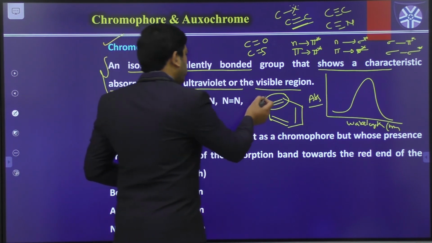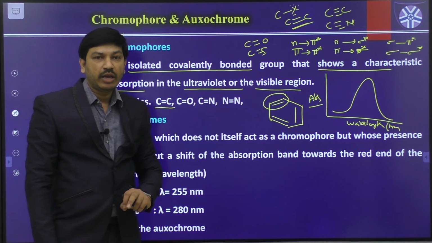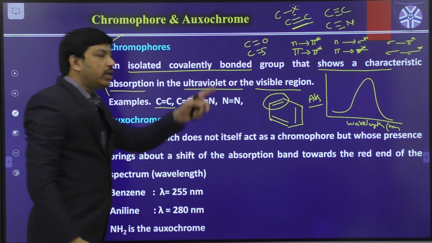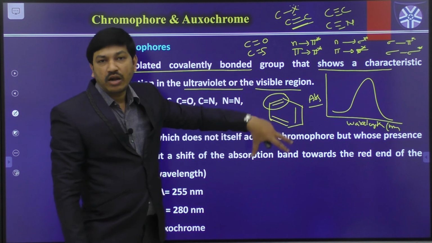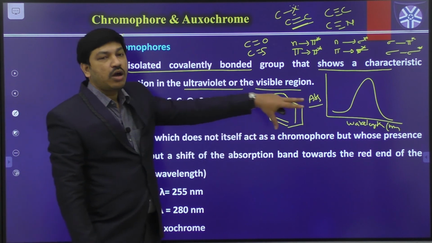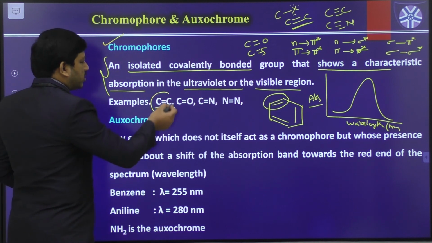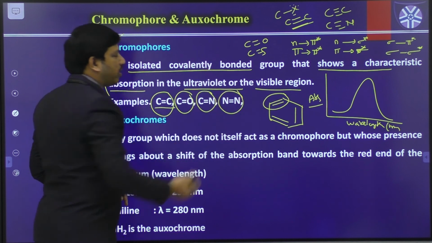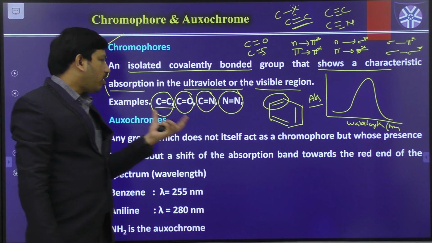Such groups are called chromophores, responsible for the corresponding absorption spectrum. So an isolated covalently bonded group that shows characteristic absorption either in the ultraviolet region or in the visible region. Examples are C double bond C, C double bond O, C double bond N or N double bond N. These kinds of groups are called chromophores.